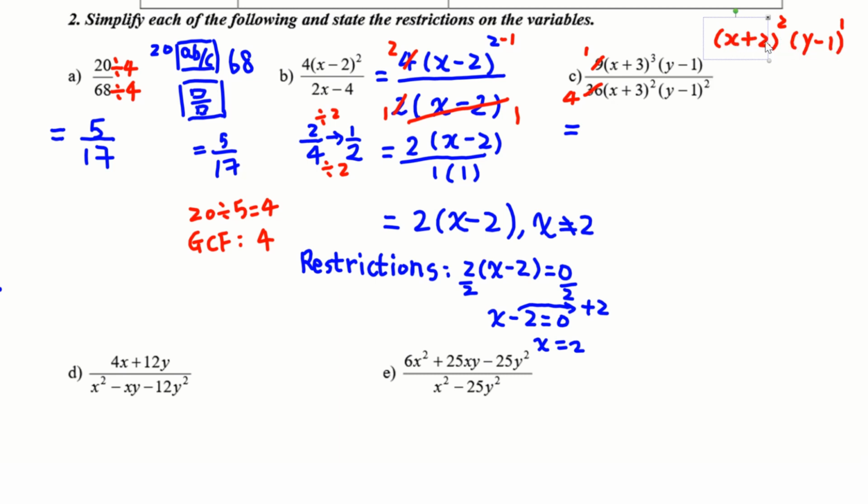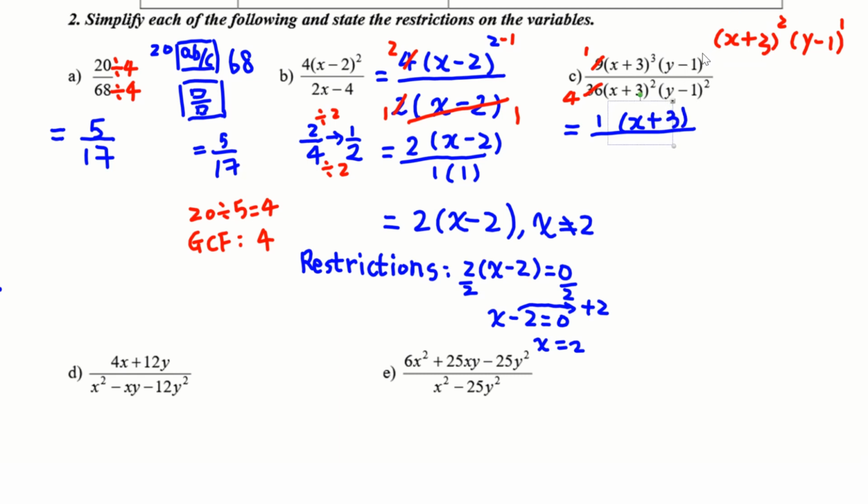Division of variables with the same base means you just subtract the degrees. So we are going to have 1 times x plus 3 cubed minus 2, which is 1. So you have x plus 3 to the exponent 3 minus 2, which is 1.